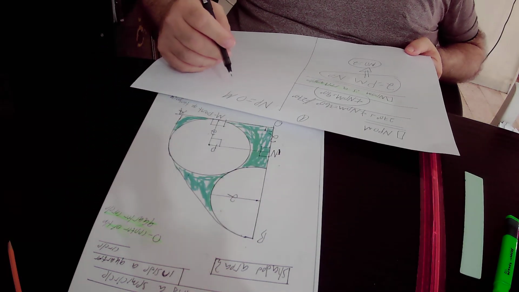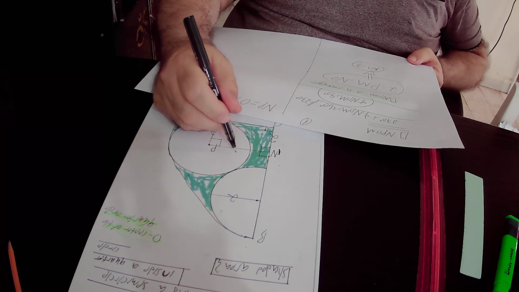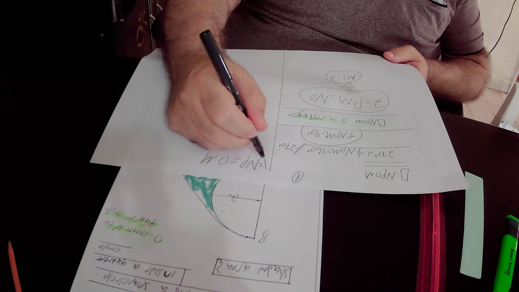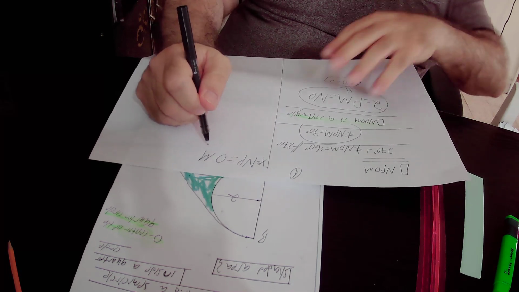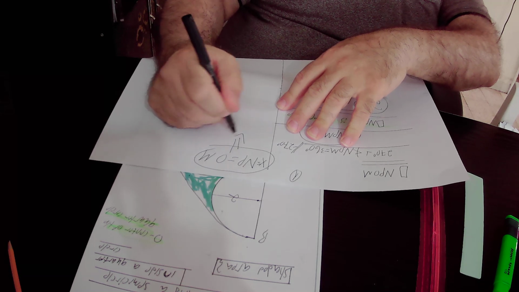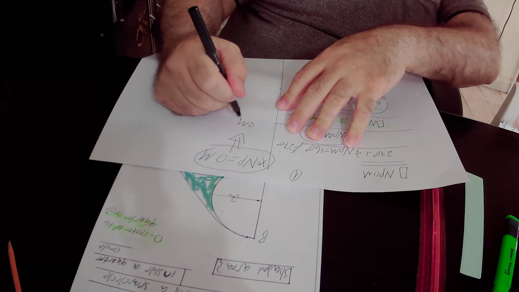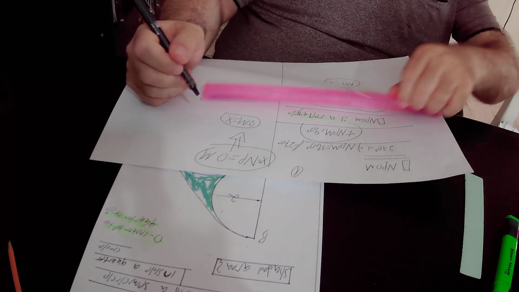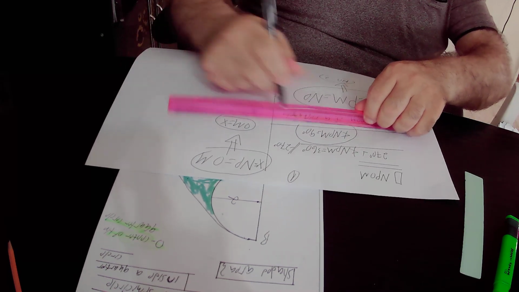So if we define NP as x, here NP equals x according to our definition. From this equation, x equals NP equals OM, we conclude that OM is also equal to x.